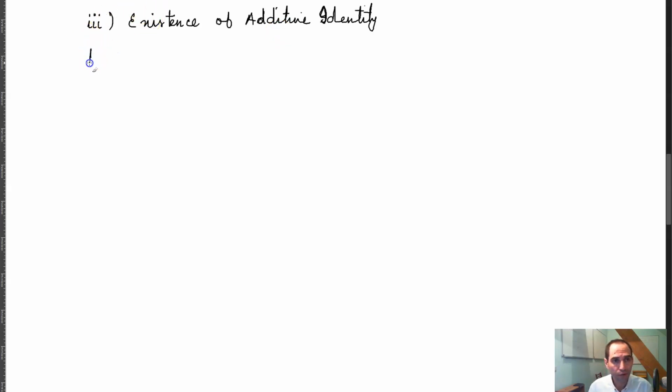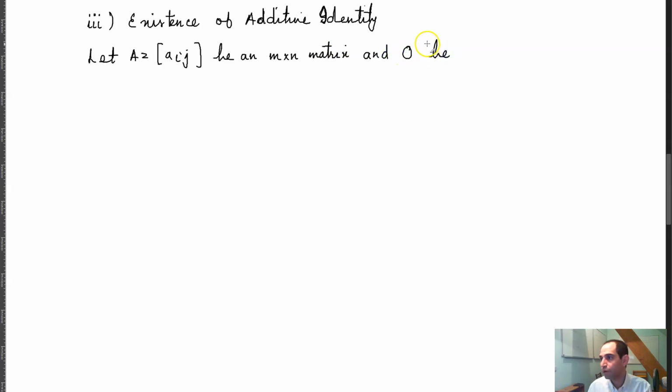Let A of ij be an m by n matrix, and O be an m by n zero matrix.